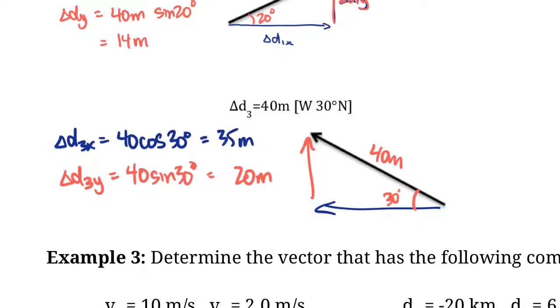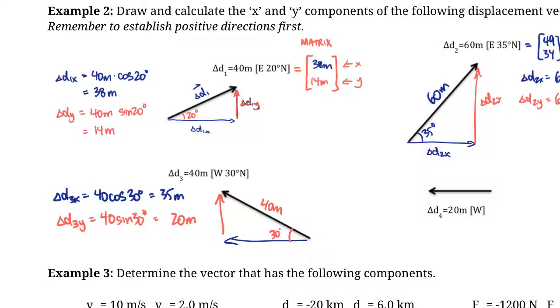Anyways, one thing that's a little bit different about this question. Look at the direction of the components. How are they different than the previous ones? Well, in both of the previous ones, the x component went to the right. We consider that a positive direction when we're looking at our regular xy axis, right?